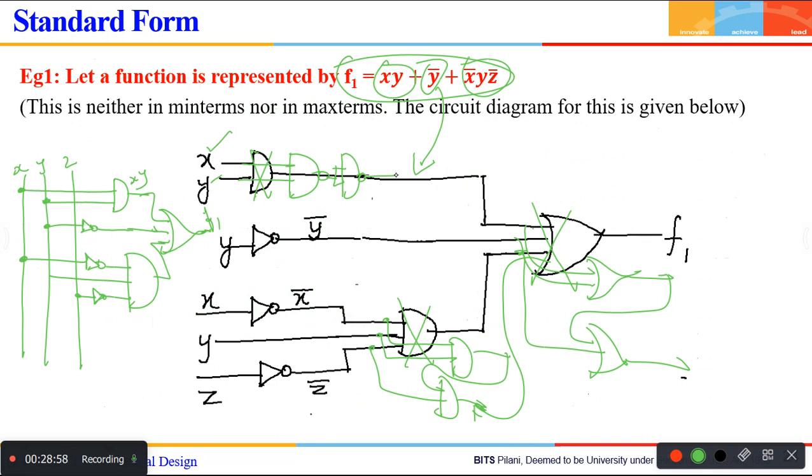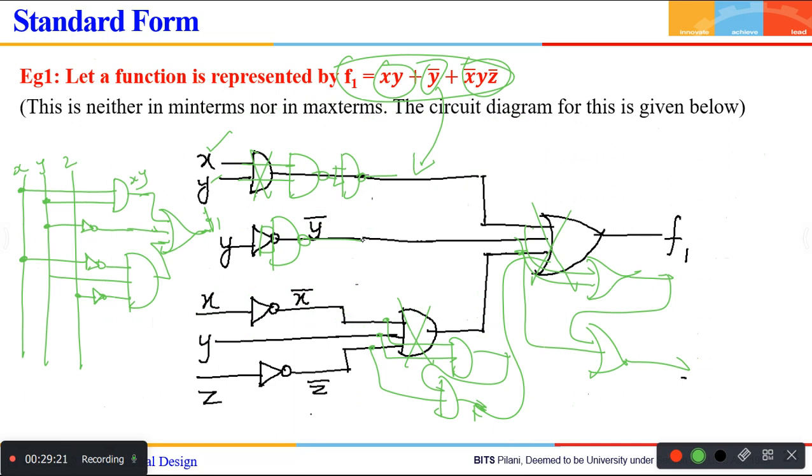Now, can you tell me what is the equivalent of this? What is the NAND equivalent of NOT gate? I have done this in my last class, remember that. Don't forget. Every class you need to remember. What is the NAND equivalent of NOT? Same thing here, right? So this is replaced by this.